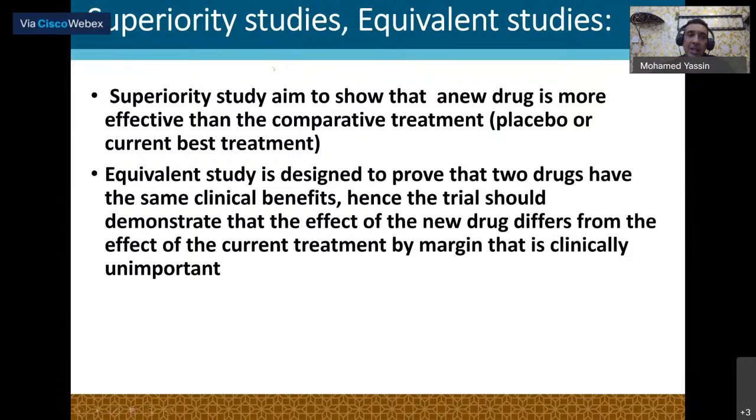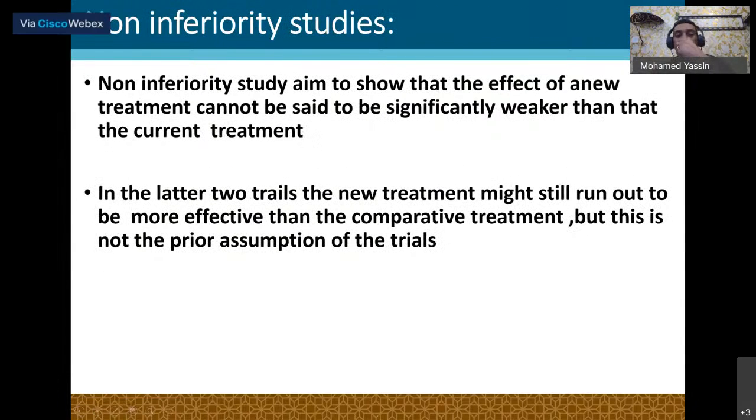So in clinical trials, we can do superiority studies where we want to prove that drug A is superior to drug B. We can do an equivalence study where we want to prove that drug A and drug B are equivalent in efficacy. And we can do a non-inferiority study. Usually the non-inferiority study is done to show that the new treatment cannot be said to be significantly weaker than the current treatment.